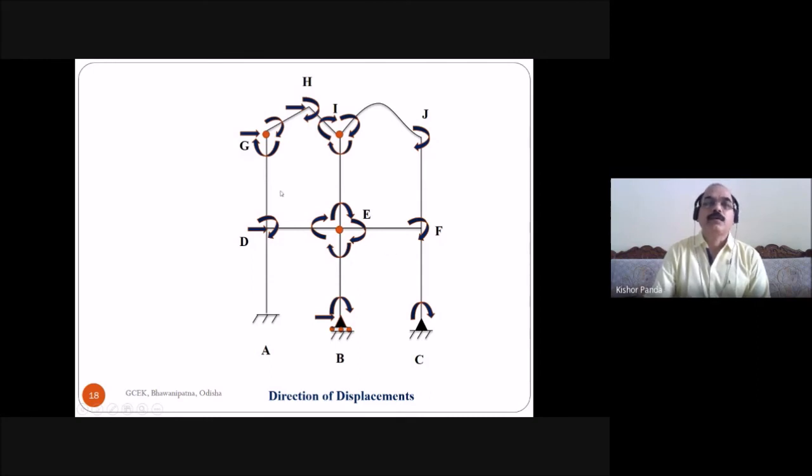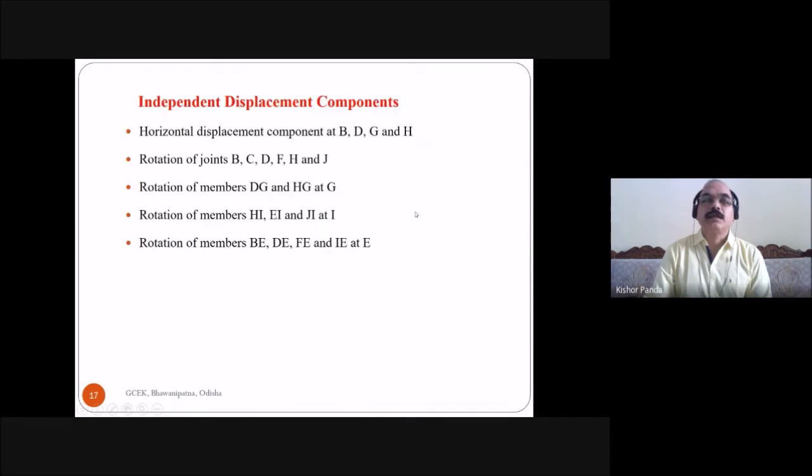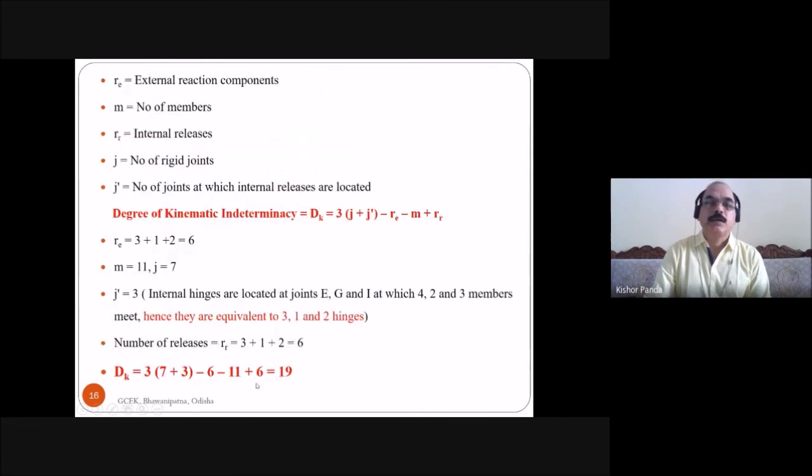So how many total displacements? 1, 2, 3, 4, 5, 6, 7, 8, 9, 10, 11, 12, 13, 14, 15, 16, 17, 18, 19. So these are the 19 displacements. So the degree of kinematic indeterminacy is equal to 19.